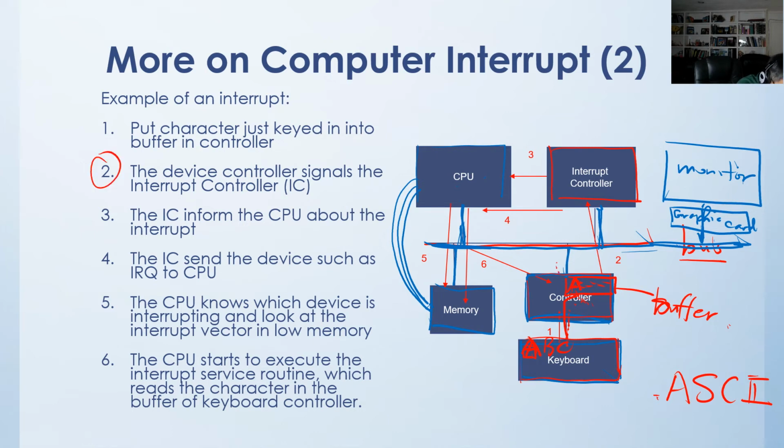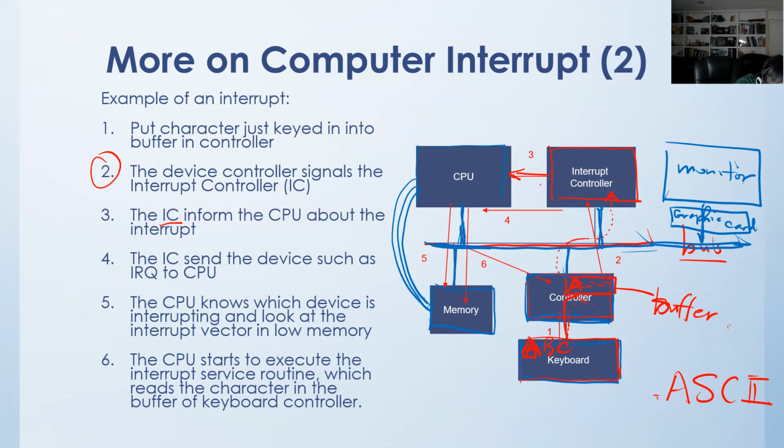This signal is sent to the interrupt controller, saying, "Hey, please process my request. I'm using the keyboard now." So now the interrupt controller informs the CPU, sends a message to the CPU, saying, "Hey, there is an interrupt from a device."